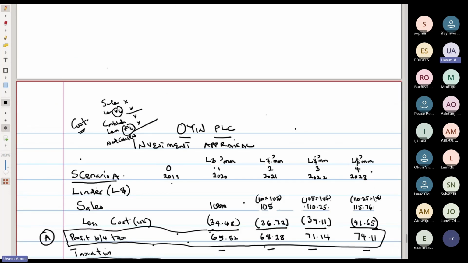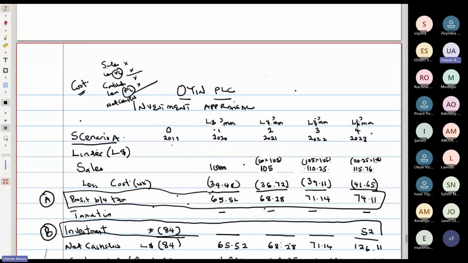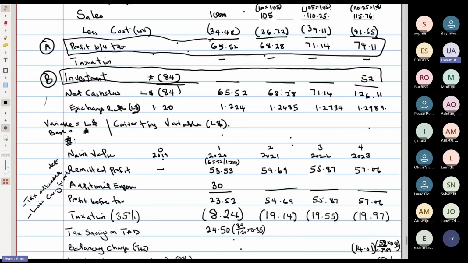So I'm just copying the same header, 2019, 2020, 2021, 2022, and 2023.